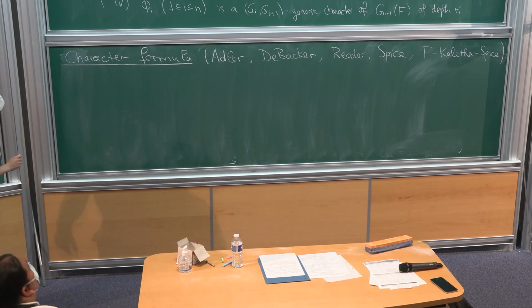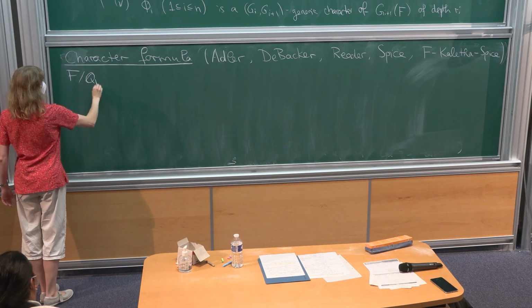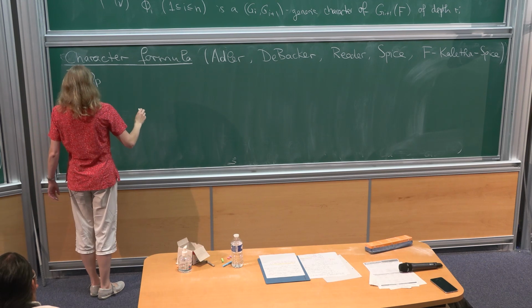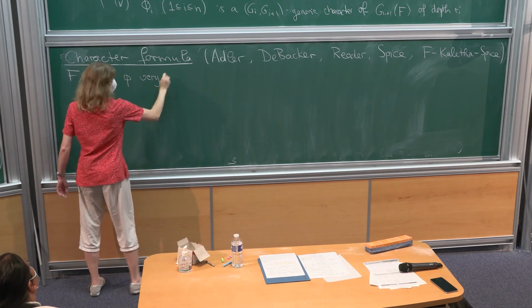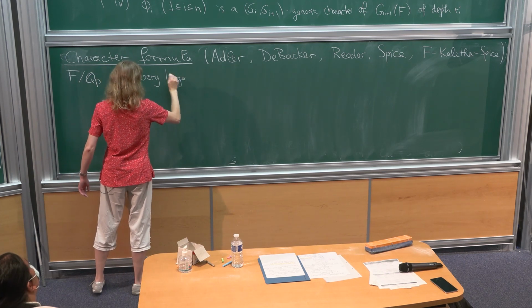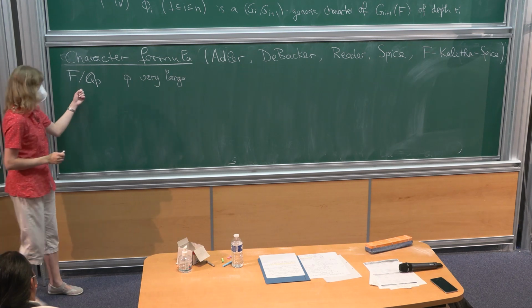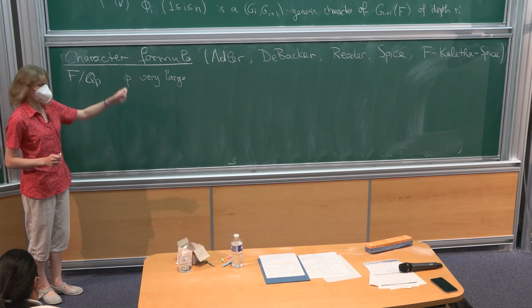And so the final character formula, now I need to assume that F is a finite extension of Qp, that p is very large. I can make that precise, but it's large. So that very large and finite extension of Qp will guarantee that the exponential map exists.